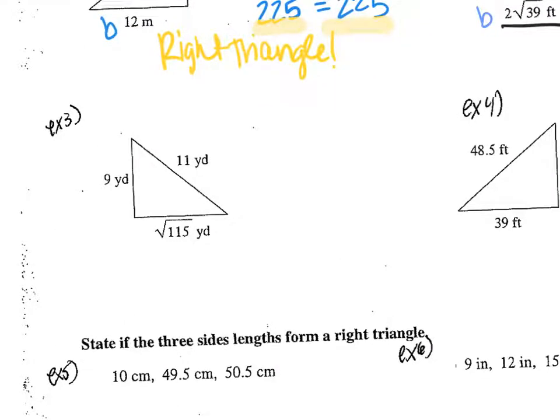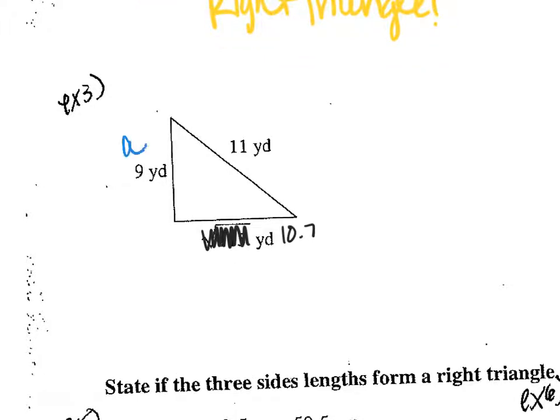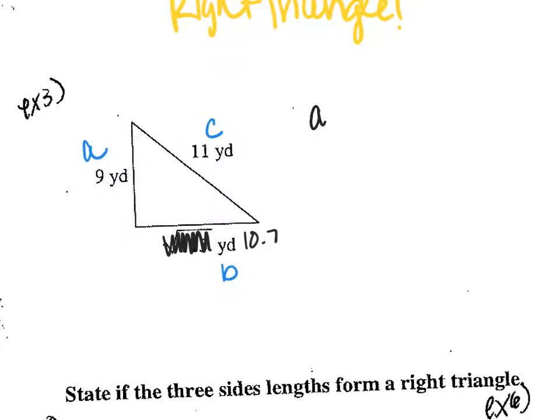Example 3. First of all, before I do anything, I want to figure out what this is, the square root of 115. So the square root of 115 is 10.7. So let's ignore that and use that, 10.7. Okay, so I've got A here, B, and C. So I want to see if A squared plus B squared does equal C squared. So 9 squared plus 10.7 squared.